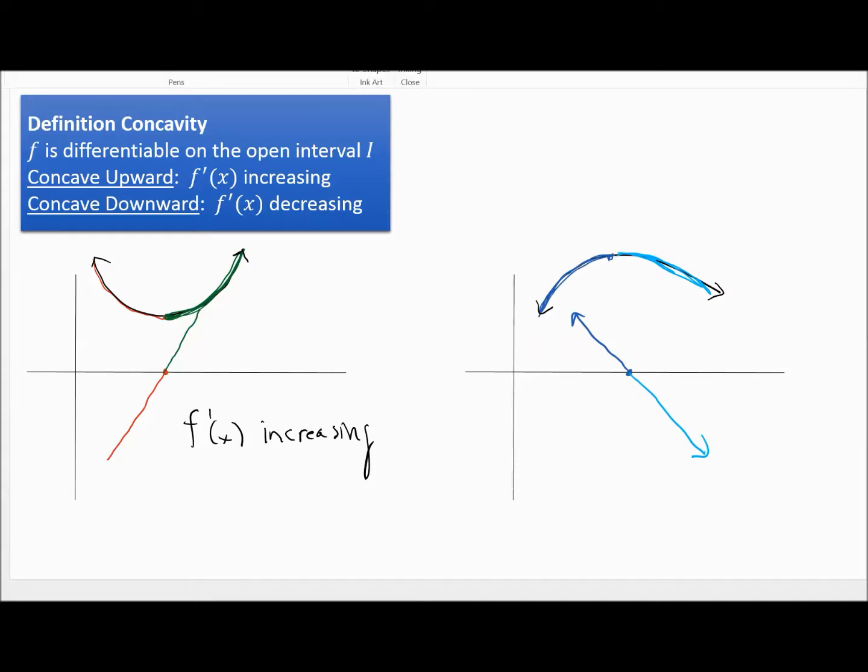My derivative, when I look at just this line, is a decreasing function. And that's what this says, concave downward, which is what you would imagine it would look like. The derivative is a decreasing function. It's fun to think about, isn't it?